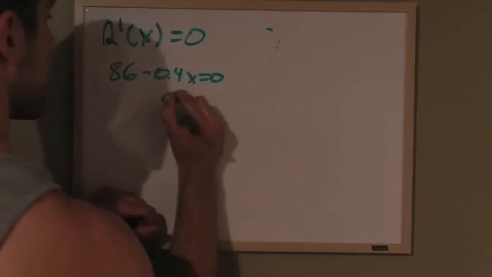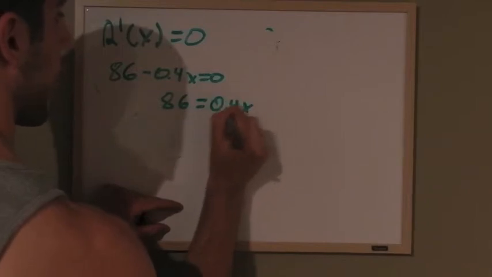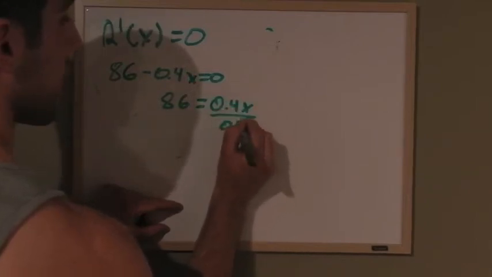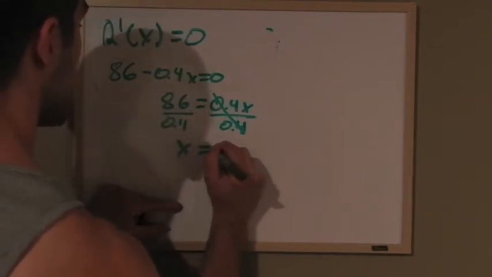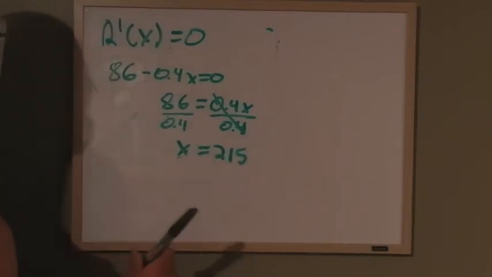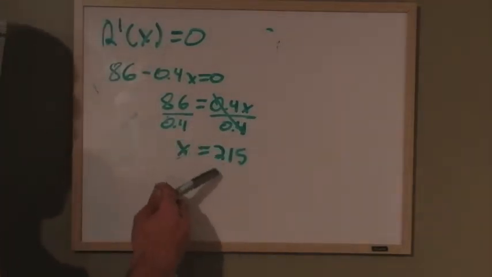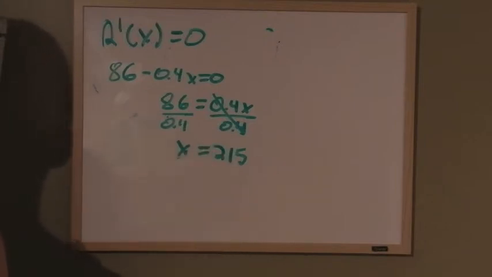So 86 equals 0.4x. Divide both sides by 0.4, we get x equals 215. So to maximize our profit, we want to sell 215 paint cans.